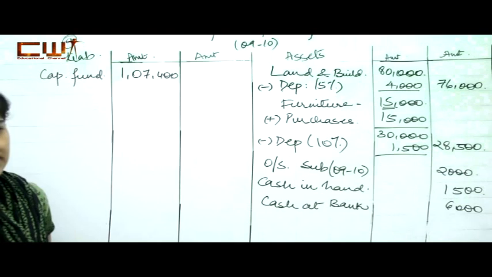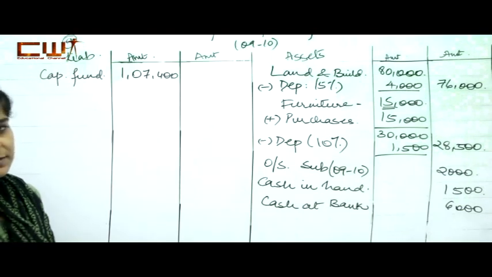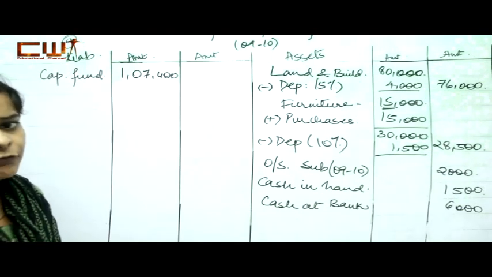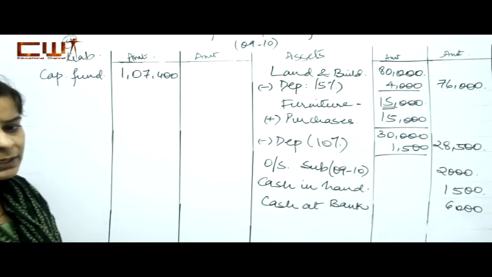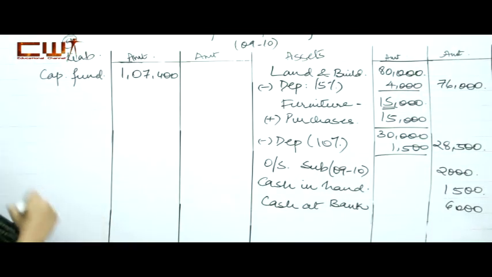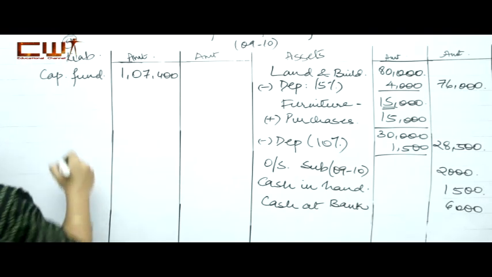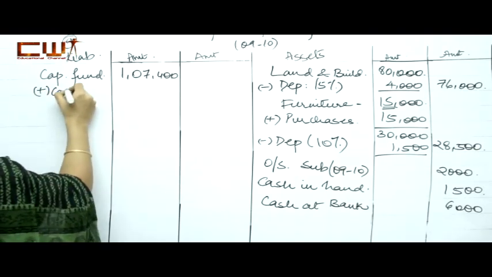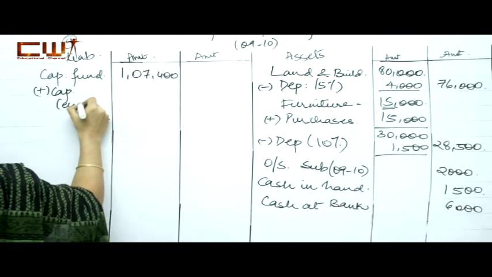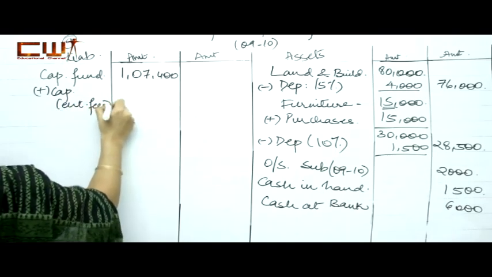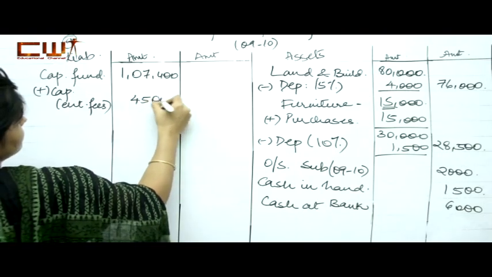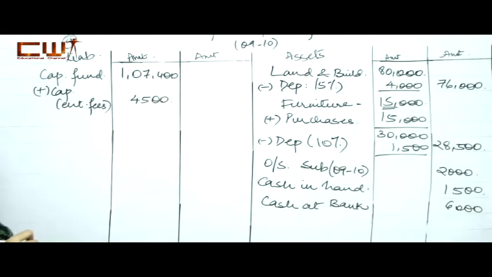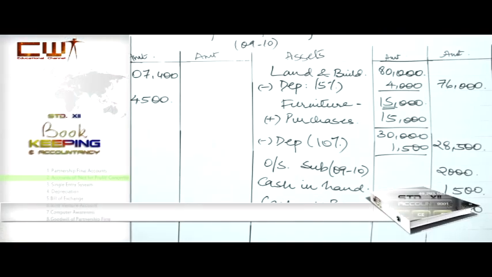You capitalized the entrance fees, that is 4,500. So they have said full capitalization. You will add the capitalization of entrance fees, 4,500.